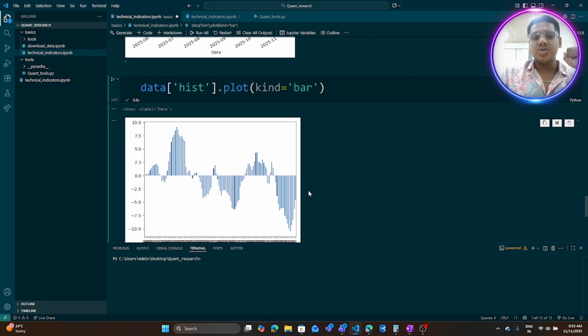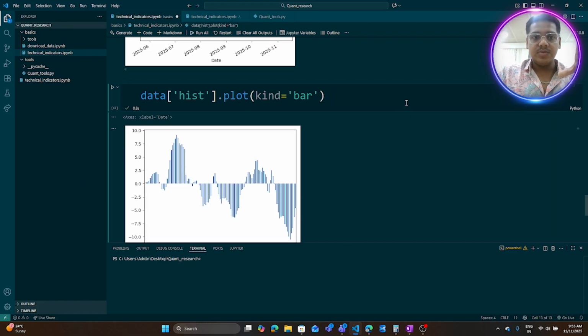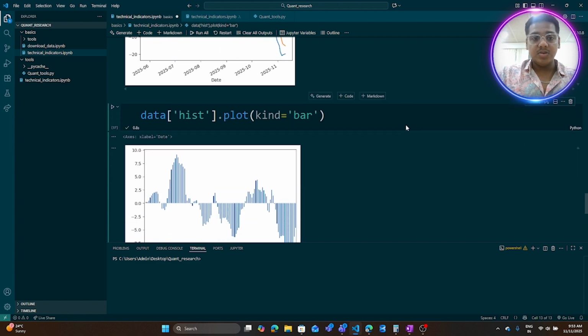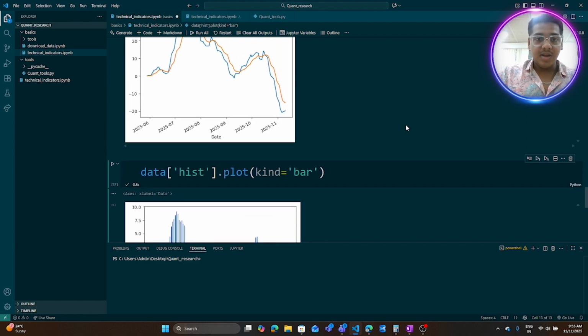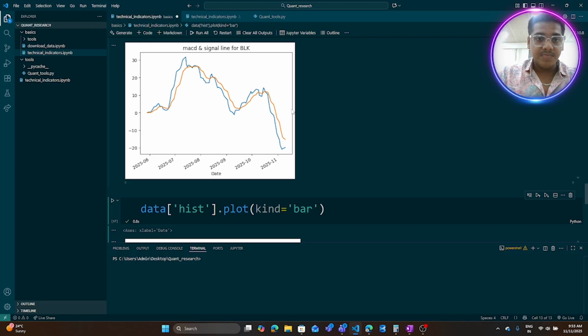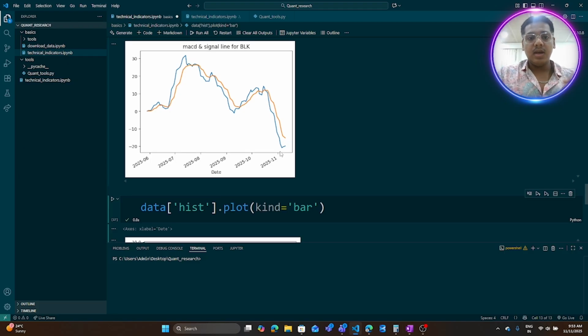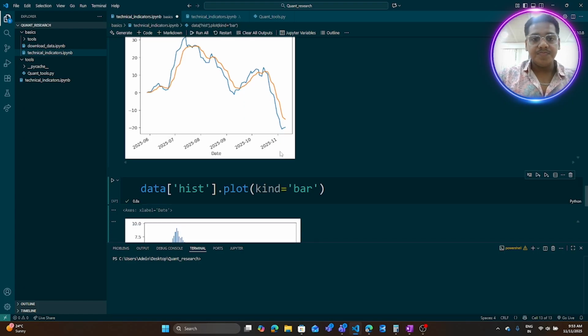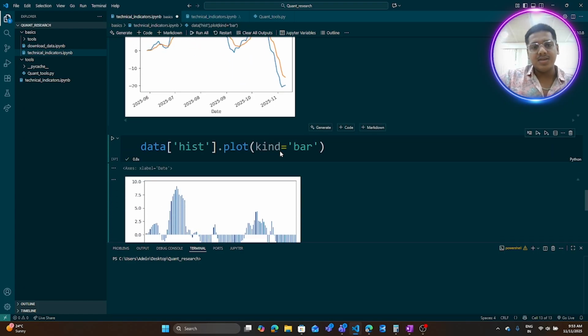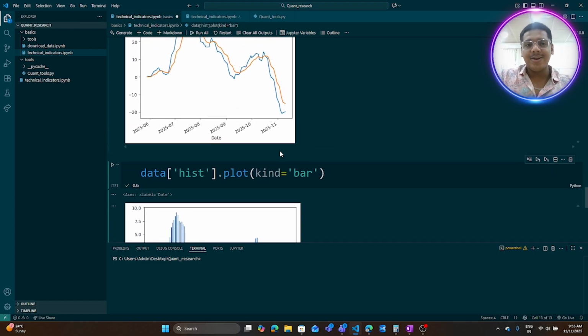Now it looks like a histogram, which we can see at IND money also. You can also confirm the trend here. See, at this point the MACD line has crossed below the signal line, so there is a sudden drop and the stock price goes negative. So this is MACD, and it is a powerful indicator.